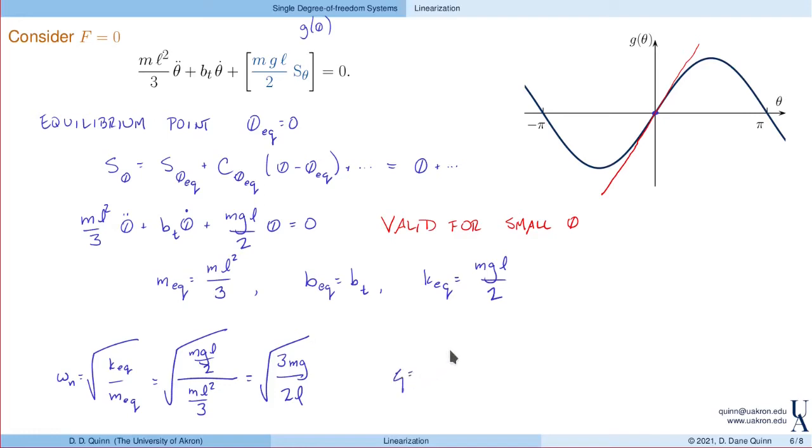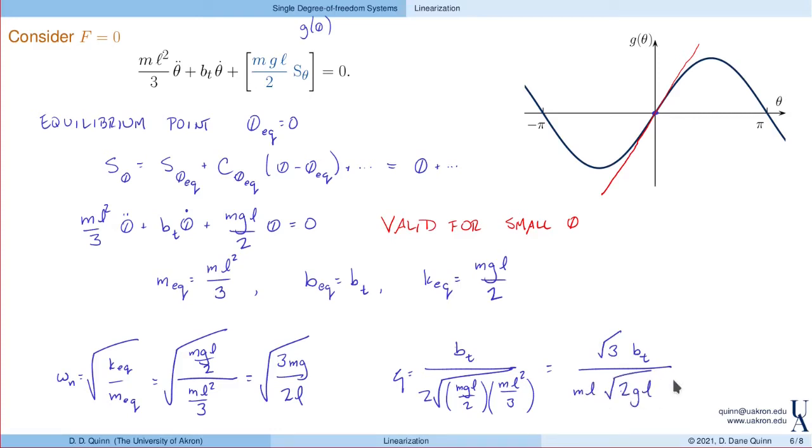Likewise, the damping ratio is B divided by 2 square root of k equivalent times m equivalent. And a little bit of algebra, square root of 3 bt divided by ml square root 2gl.